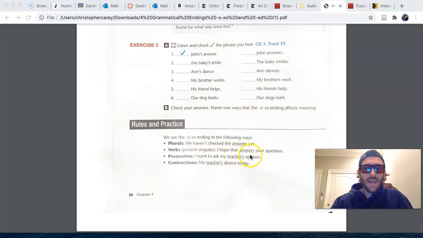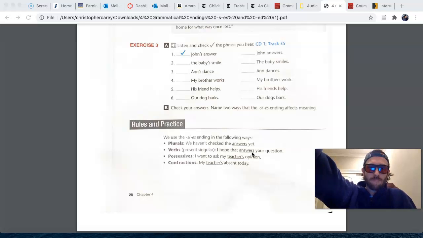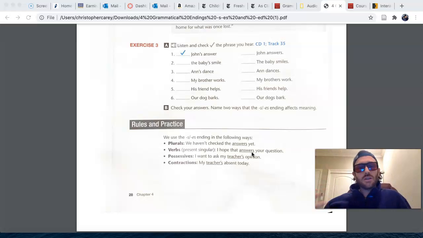I hope that answers your question. So here it's a verb, not a noun. It, whatever was said, is the third person singular. It answers. I answer. You answer, we answer, they answer. But when we talk about he, she, or it, we have to add the S ending or ES ending.